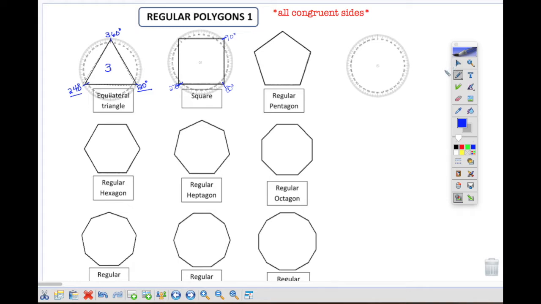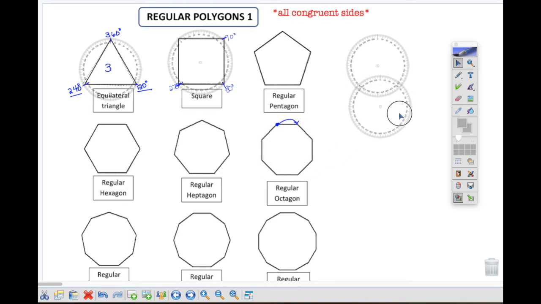How could we figure out how many degrees, if I started at this corner, how many degrees would it be to go to this first corner? Because obviously there's 8 corners, and if I drag those 8 corners around, it would be symmetrical.